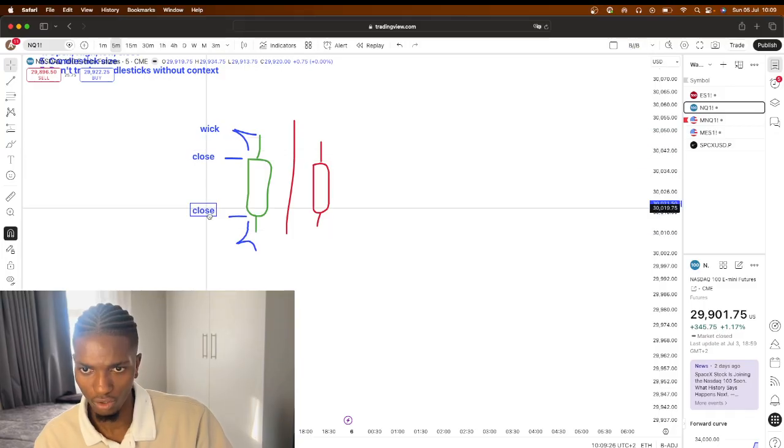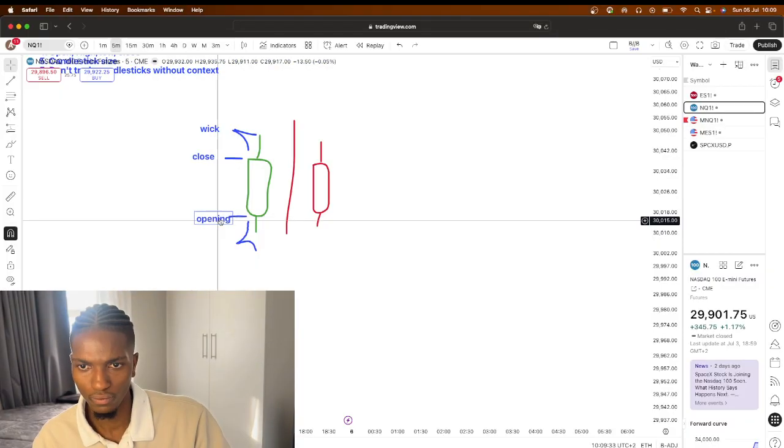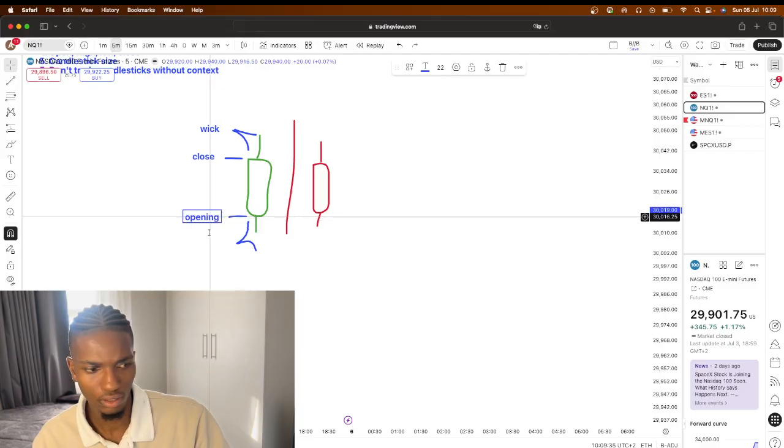Then here we have the opening of the candlestick.